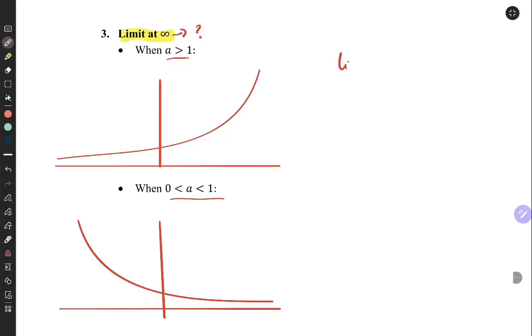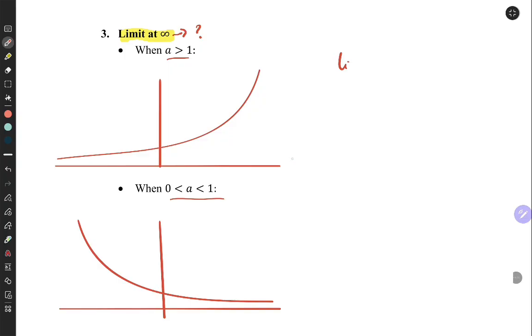It's okay, keep thinking. Limit at infinity. Limit of what at infinity? You want to know the limit at infinity, but of what? Go ahead, somebody just say.